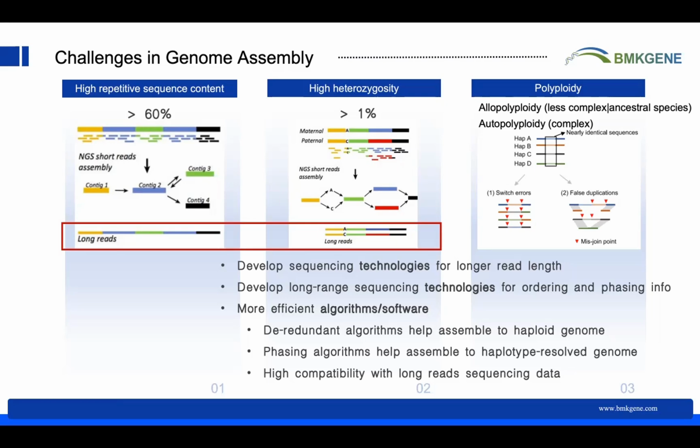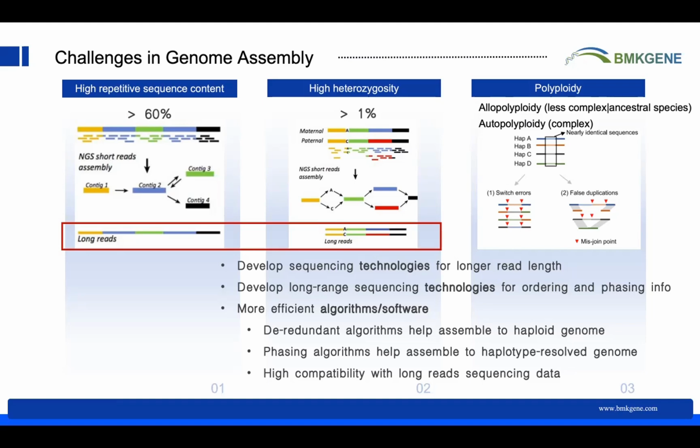But if it's an autopolyploid species, I would say it's very complex to assemble the genome, because there are very similar regions in different haplotypes, and then we need to divide them into different haplotypes using high performance algorithms or software.